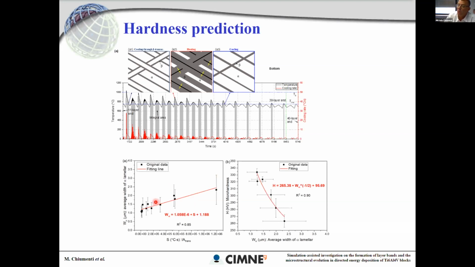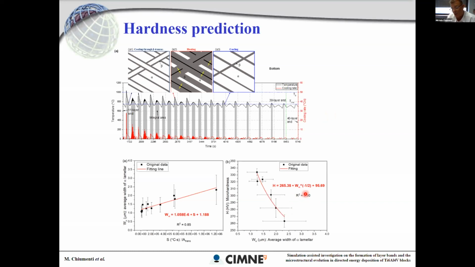So it is possible to interpolate this value, and you can see that it's possible to define a law which is directly proportional to the integral of this gray zone here, where the material goes through this transformation. A similar empirical law can be found for the hardness.